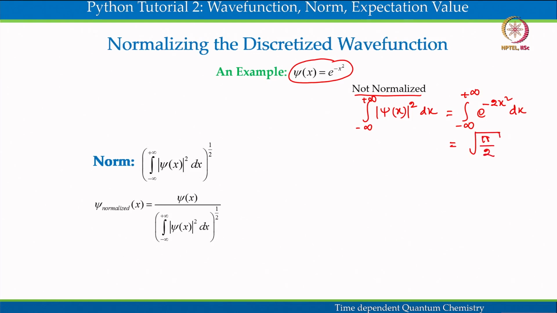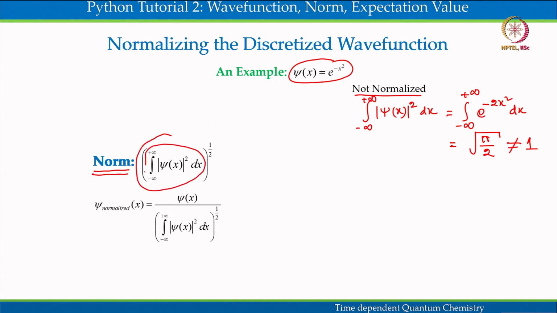If it is a normalized wave function, then this integration should have given me 1, but because it is not giving me 1, it is not normalized. So I have to make it normalized, and for the normalization we have to find out the norm. Norm is defined by the square root of this entire integration.